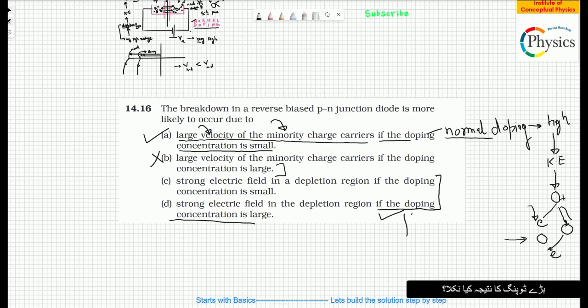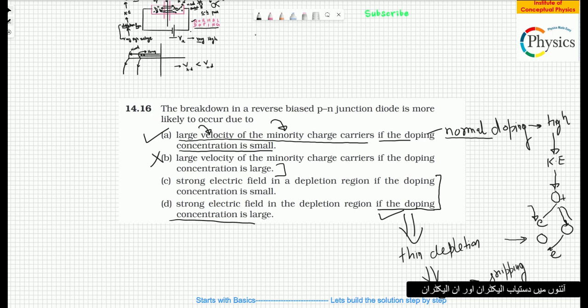Large doping resulted in what? It resulted in a thin depletion layer. And what did the thin depletion layer do? Thin depletion layer resulted in the high electric field. The high electric field resulted in stripping of electrons available in the ions, and those electrons then constituted the sudden rush of current, right?